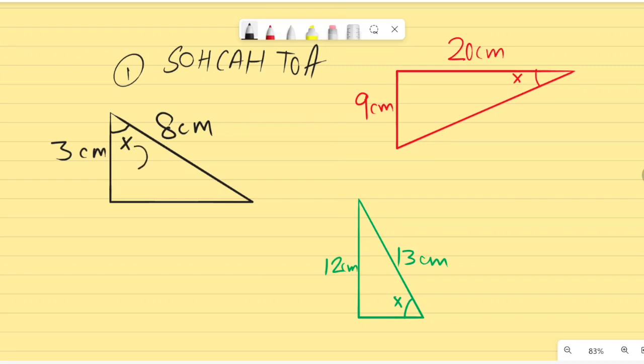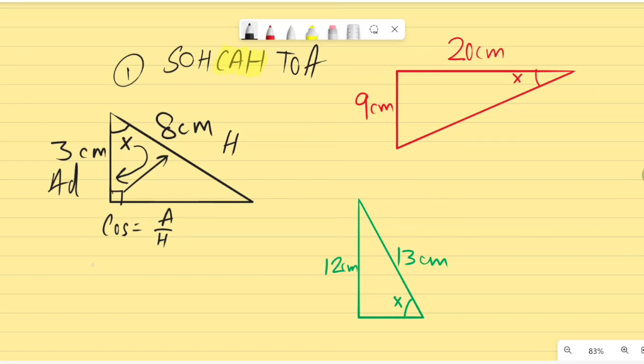First of all, this one is given to me, which is adjacent. And this side is opposite to the right angle, so this side is hypotenuse. So which ratio uses A and H? I can see CAH, which is for cosine. So the formula for cosine is adjacent over hypotenuse.